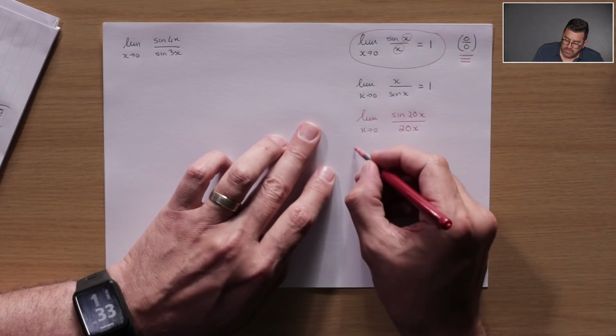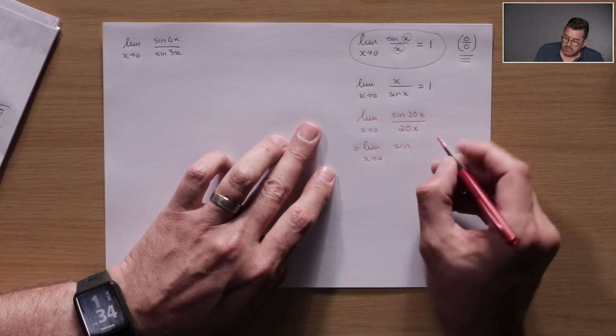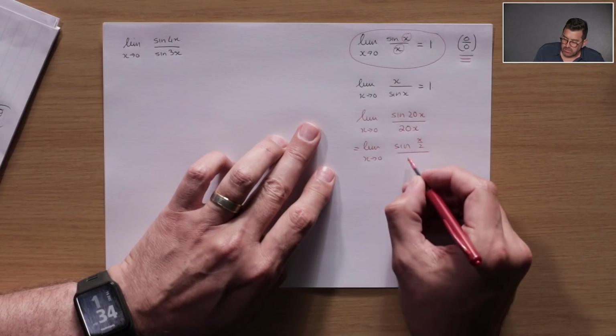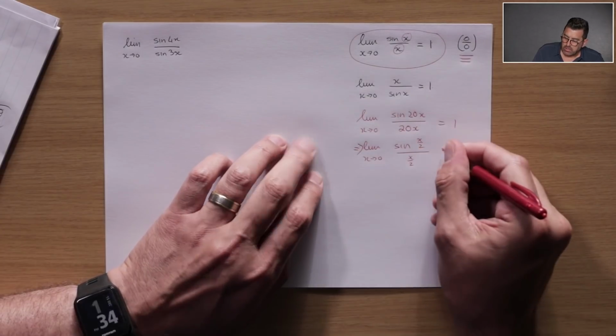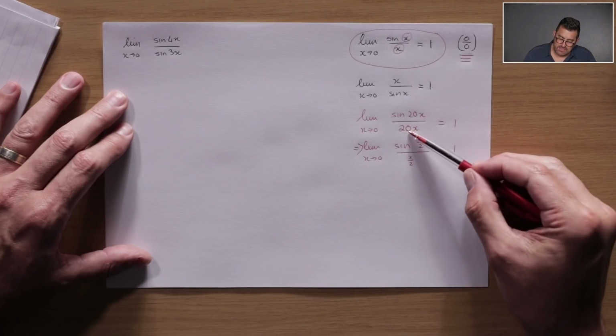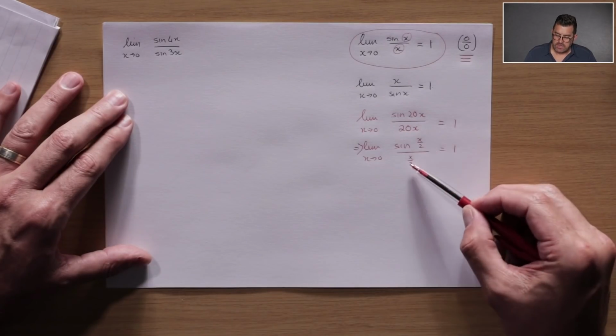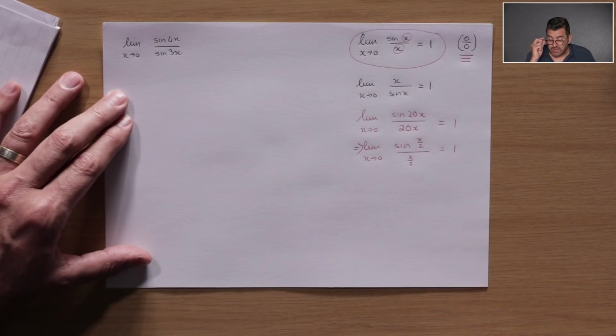Okay, so this will be equal to the limit where x approaches 0 of the sine of x over 2, as long as I have an x over 2 at the bottom. All of these are going to give you 1s. Okay, so as long as that and what's in the denominator is the same, that's the key thing here to remember, because it's going to determine what we're going to do with the 4x and the 3x that's currently in the problem that we're looking at.